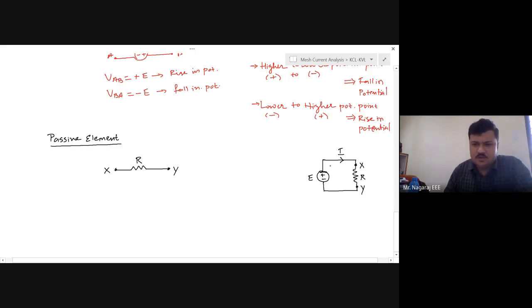Now, we know one fact about the electric current: current flows from higher potential point to lower potential point. Is it true? Yes, conventional current. I am talking about conventional current. Current flows from higher potential point to lower potential point.